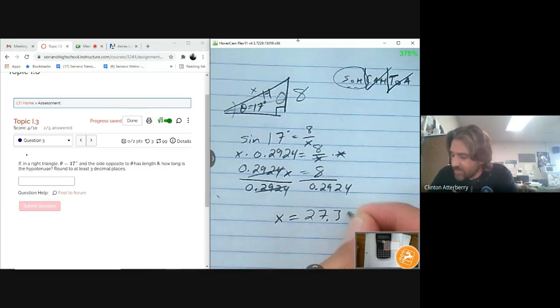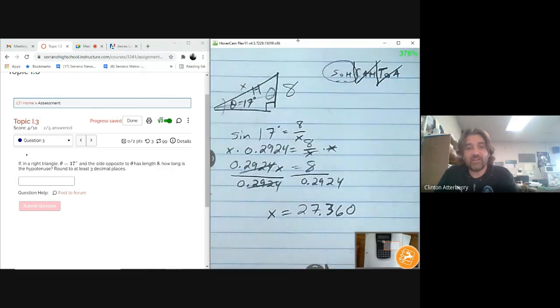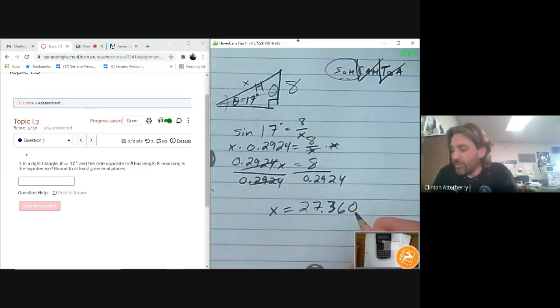When you write a 0 at the end like this, it tells the reader, whoever it is, that we rounded this either down or up, but there are more numbers to go after this. That's why we put the 0 there.